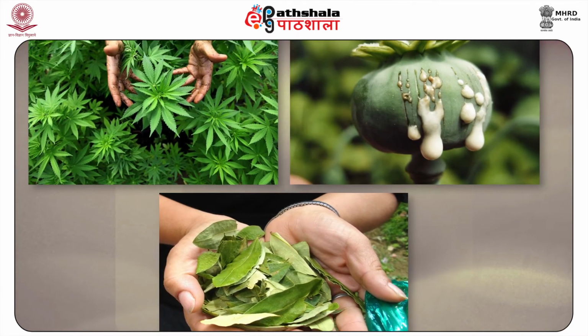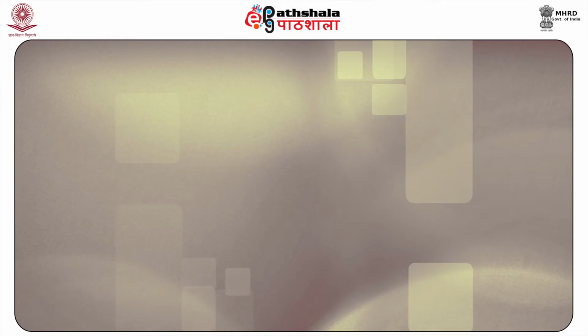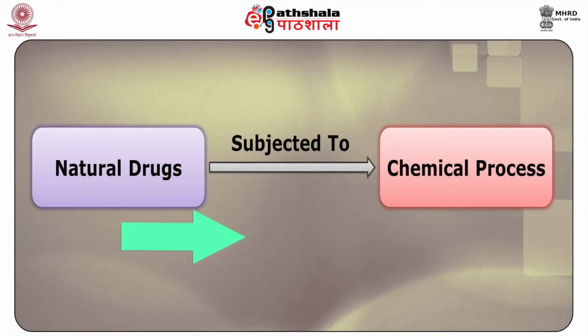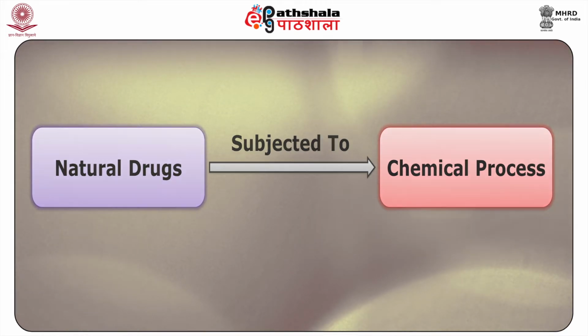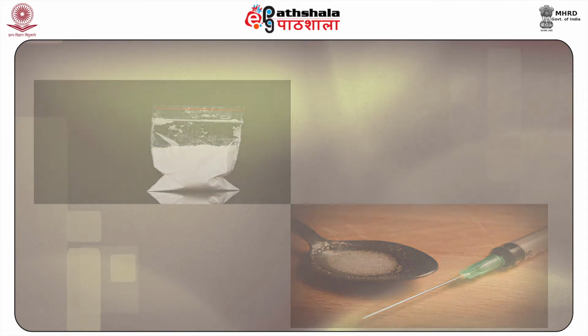Examples are cannabis, opium, and coca paste. Next is semi-synthetic. Natural drugs are subjected to some chemical process to produce these drugs. Cocaine and heroin are the common examples of semi-synthetic drugs.